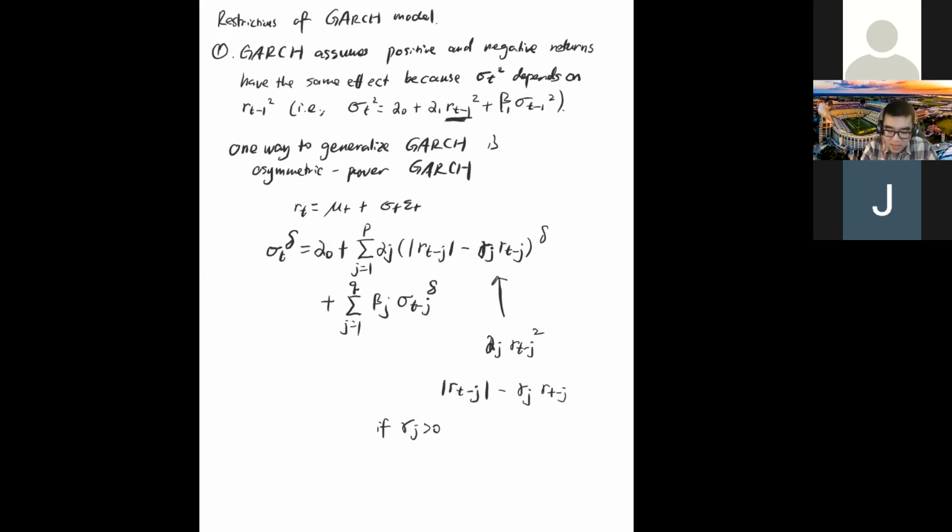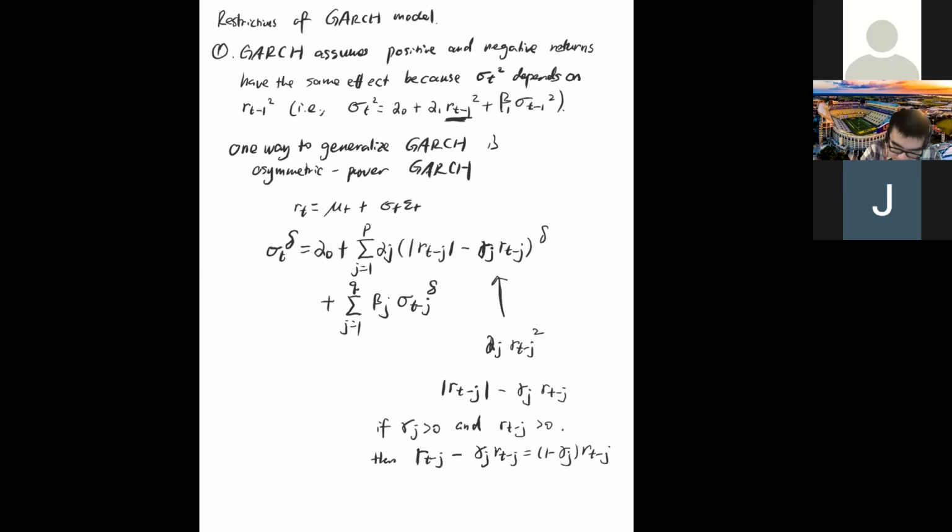If gamma is positive and R_{t-j} is also positive, then the effect of R_{t-j} on your sigma t becomes R_{t-j} minus gamma j R_{t-j}, so it's just (1 minus gamma j) R_{t-j}.